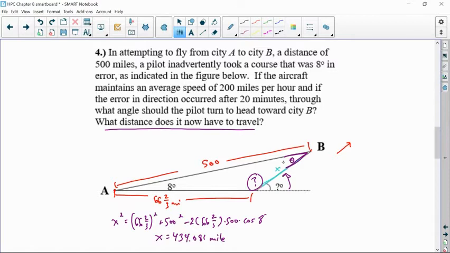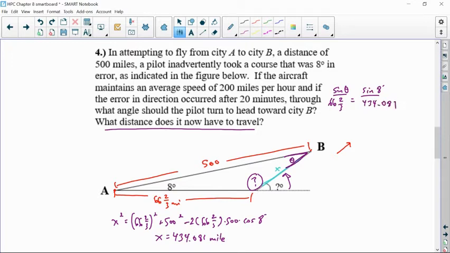So I'm going to actually solve using law of sines theta first. And then once I know theta and I know 8, I can figure out the question mark and then do its supplement. So I'm going to find theta first. So sine of theta divided by 66 2/3 equals sine of 8 degrees over what I just found, 434.081.